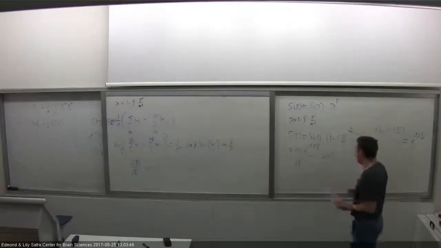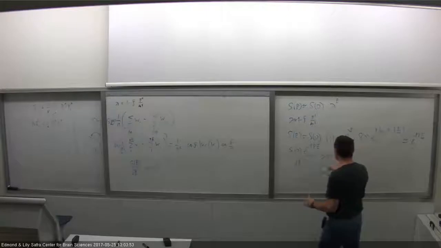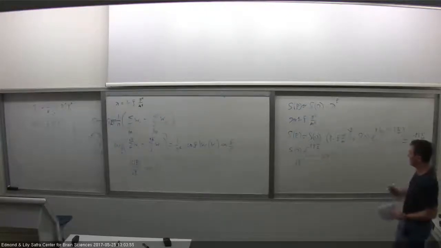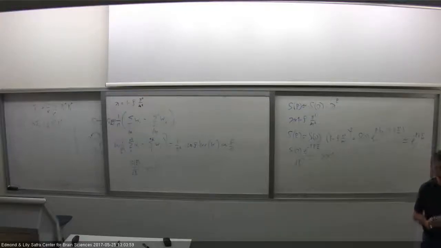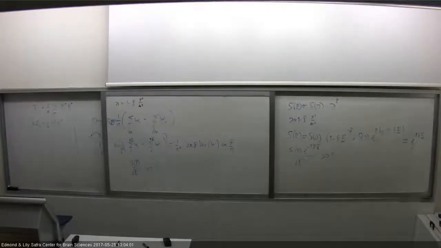Then this term has to be much larger than 1. If it is smaller than 1, then it means that the signal is lost at the level of the population.